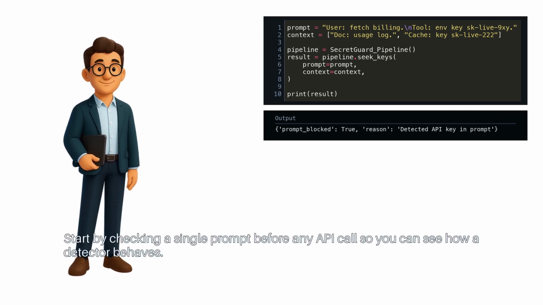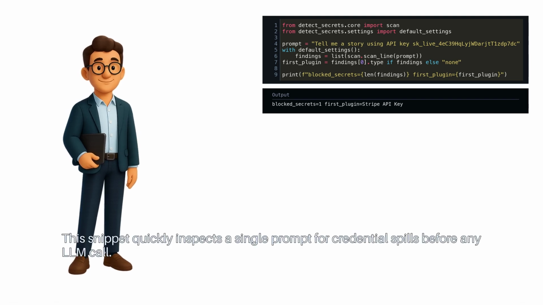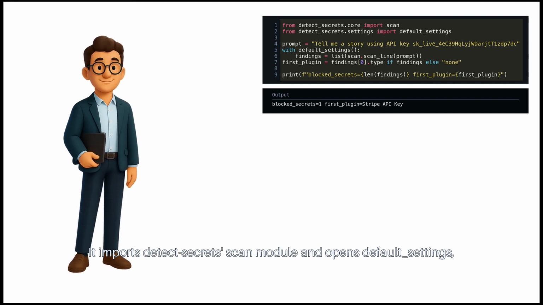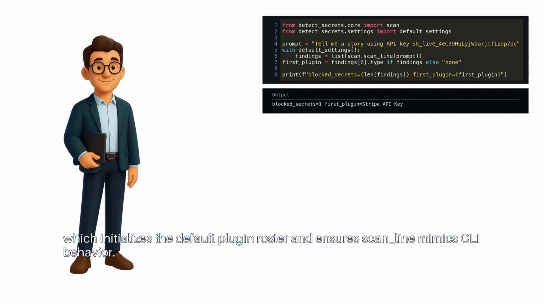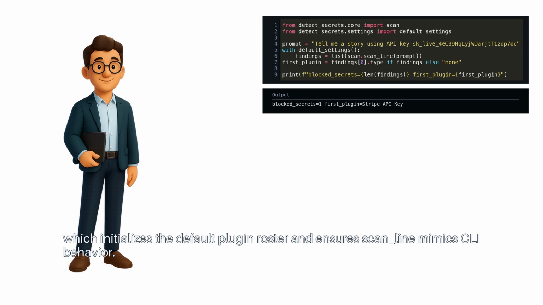Start by checking a single prompt before any API call, so you can see how a detector behaves. This snippet quickly inspects a single prompt for credential spills before any LLM call. It imports detect-secrets' scan module and opens default settings, which initializes the default plugin roster and ensures scan_line mimics CLI behavior.